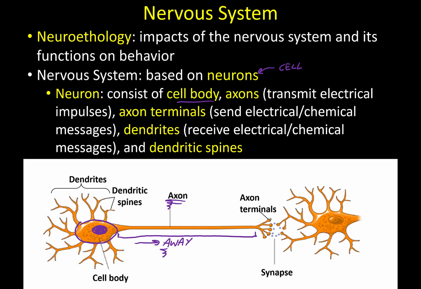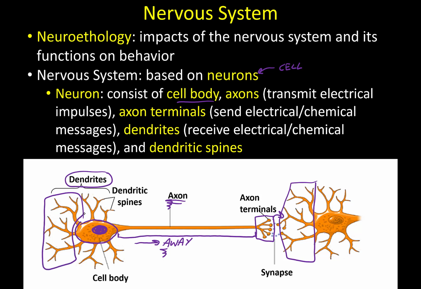Axon terminals, which are here at the end of the axon, are what actually send our either electrical or chemical messages from one neuron to the next. Neurons receive these chemical messages through these long, spiny structures. Okay. These are called dendrites.